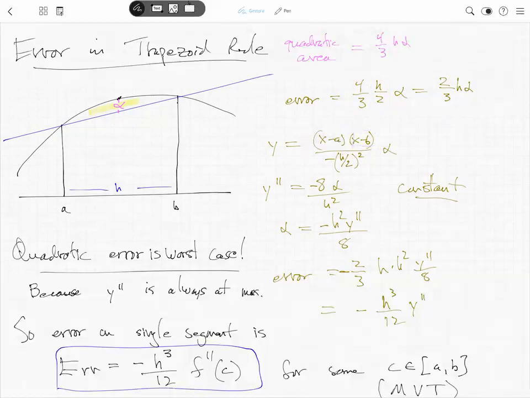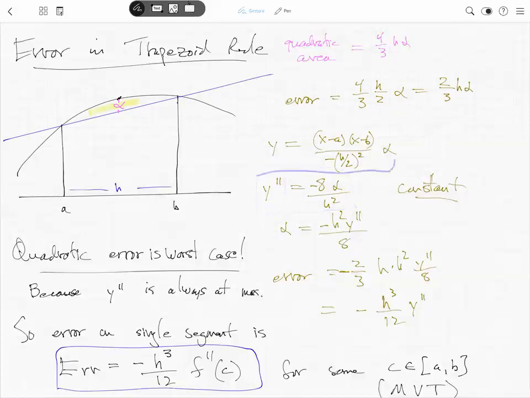Now, rather than expressing the error in terms of alpha, it'll be more convenient, more useful in general, if we express the error in terms of y double prime. So I'm just going to point out the relationship between y double prime and alpha so that we can express the error in terms of y double prime.